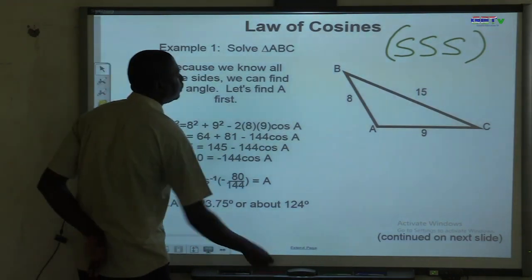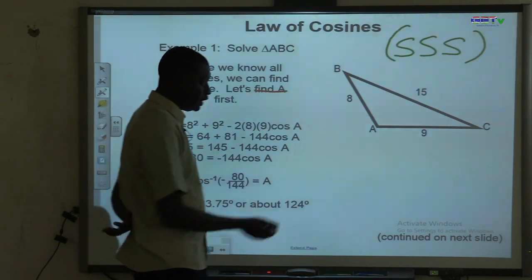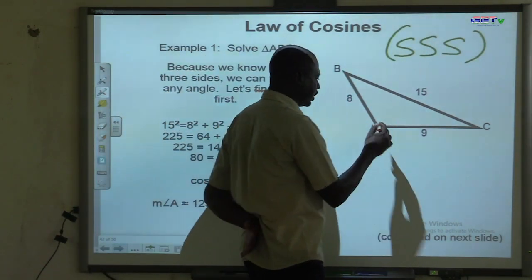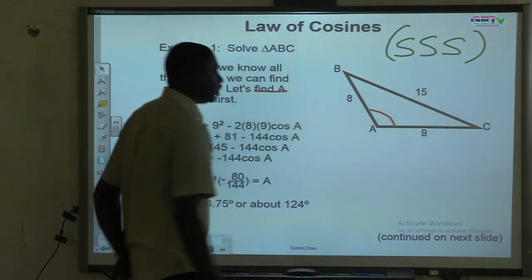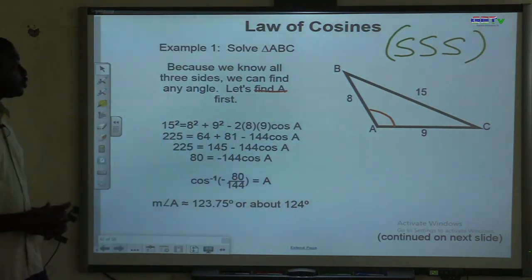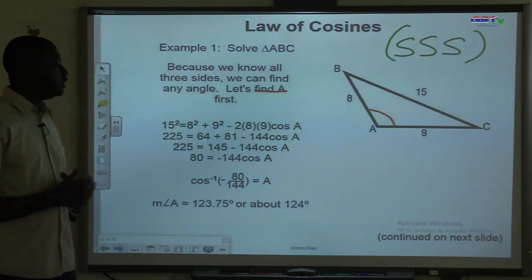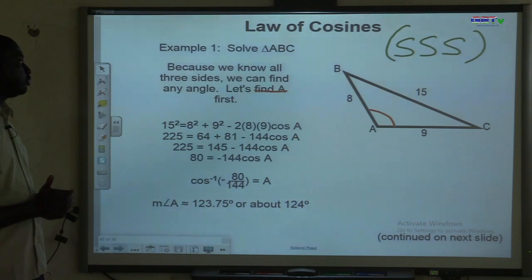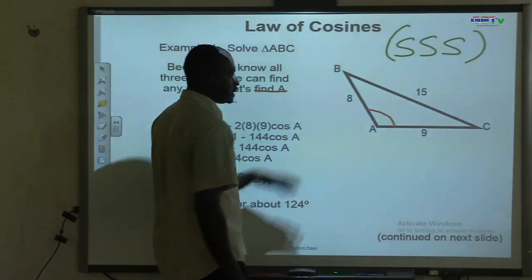Let's find angle A first. On the given triangle, we have one angle there, A, so we have to find that angle. To solve for it, first we have to derive the cosine formula to find this angle. Let's label the sides.